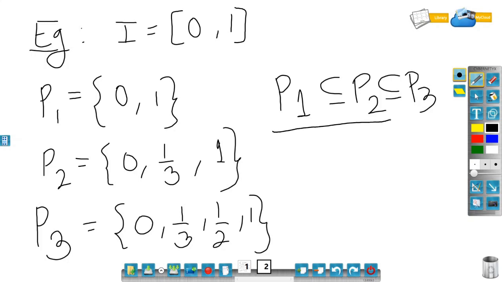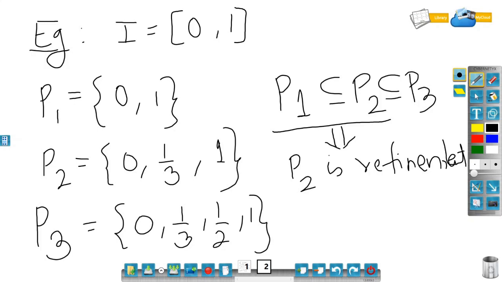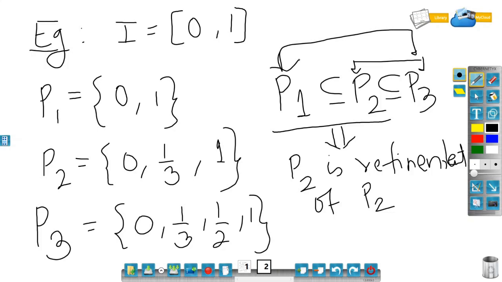So P1 is a part of P2. From this I can conclude that P2 is a refinement of P1. Similarly, P2 is a part of P3 implies that P3 is a refinement of P2, and also from the first and third, P1 is part of P3, which implies P3 is also a refinement of P1.